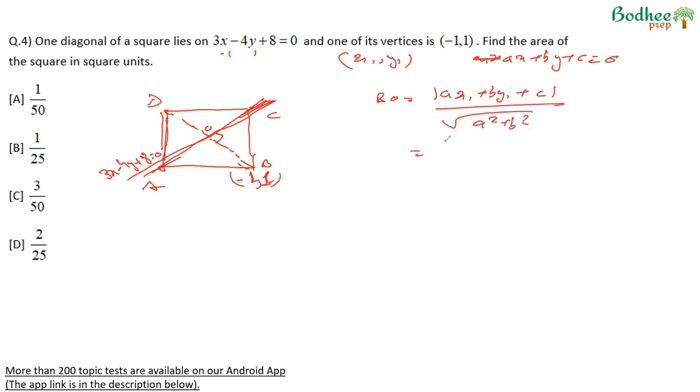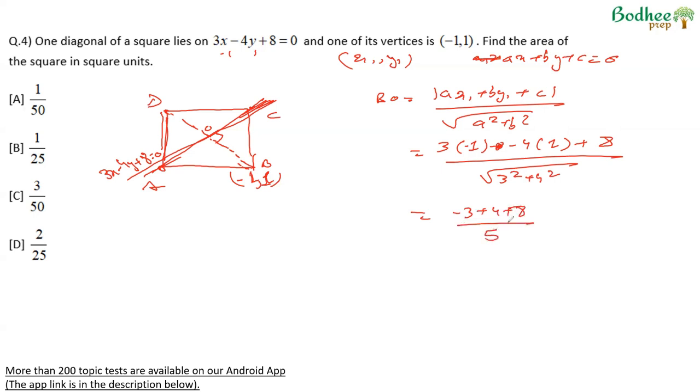In this case, 3 into minus 1 plus minus 4 into 1 plus 8 upon root of 3 square plus 4 square. This becomes minus 3 minus 4 plus 8 upon 5. So this will be 1 upon 5.